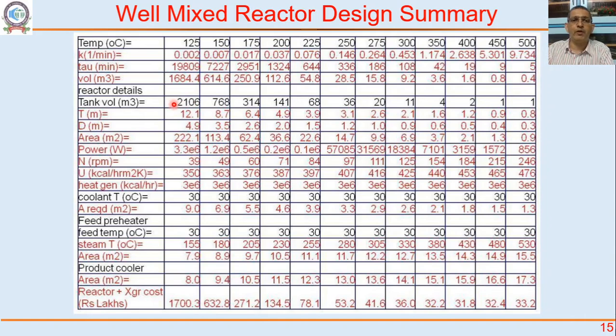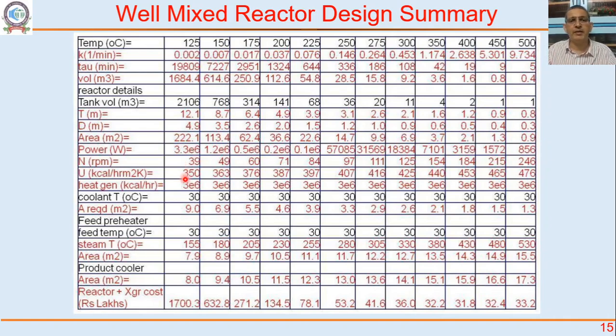For this 2000 meter cube, I can calculate tank size, I can calculate tank diameter, I can calculate the heat transfer area, I can calculate the power required, motor power 2 kilowatt per meter cube, right? In terms of watts.